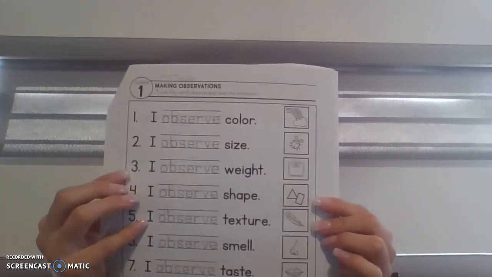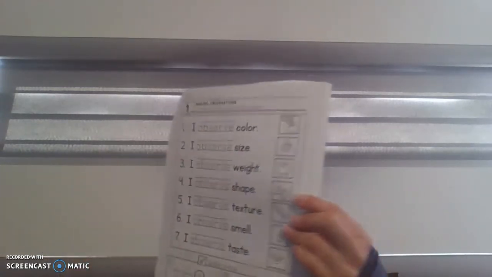Alright. Next sentence, sentence number 3. It says, I observe weight. Now, let's see. Which one weighs more? My pencil or my phone? What weighs more? Get ready.